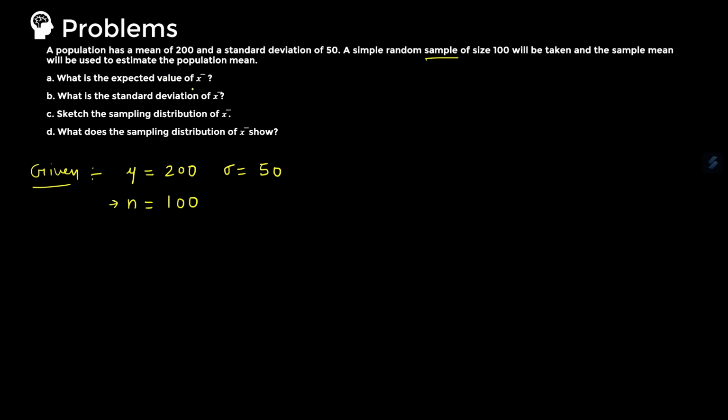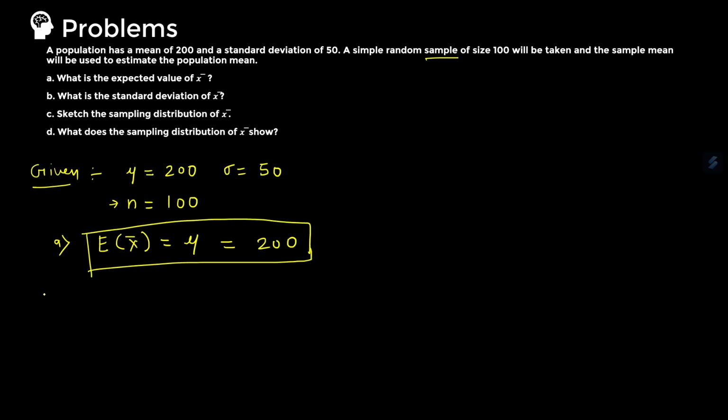What is the expected value of x bar? In some of the earlier slides, I told you the expected value of x bar is directly equal to mu. Here we have mu as 200, so this will be our answer. Now question B asks us to calculate the standard deviation of x bar.